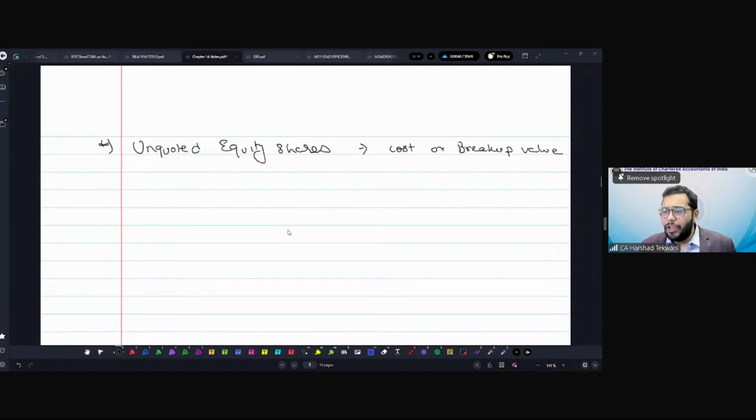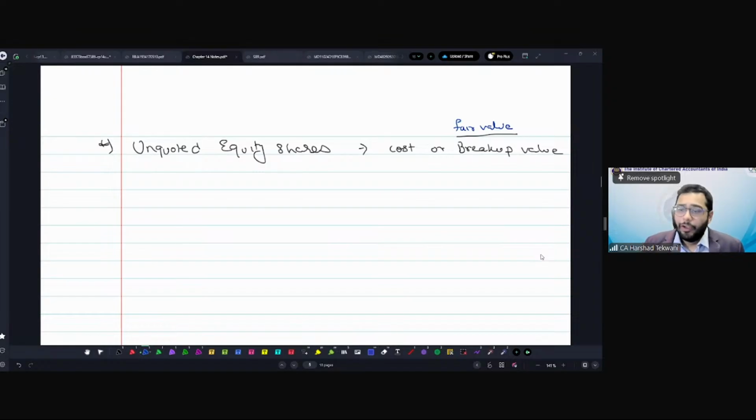Now, breakup value or fair value, you can substitute that. So for the unquoted equity shares you can take either breakup value or fair value. Basically, this is unquoted, which is not listed in the market. That's why we are using the concept of fair value here.